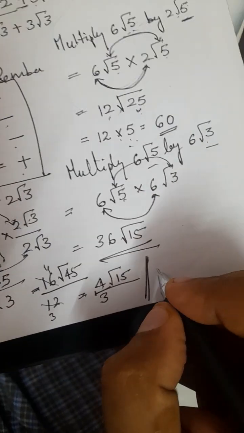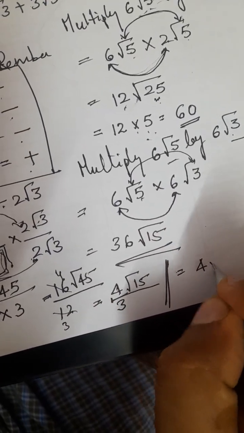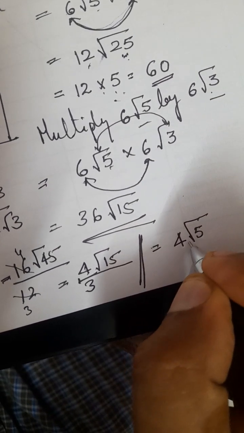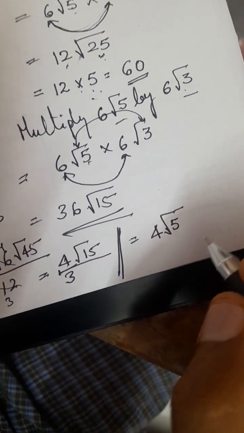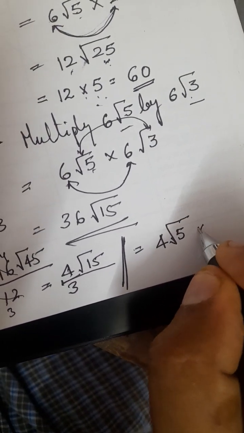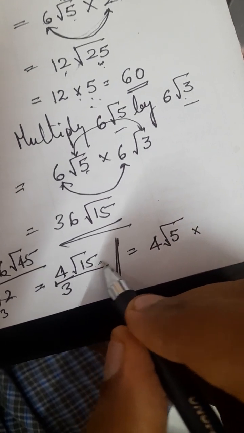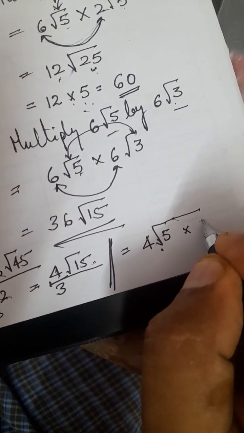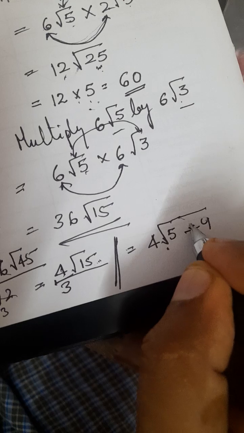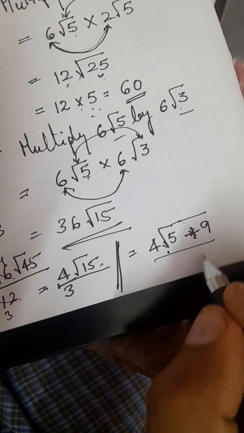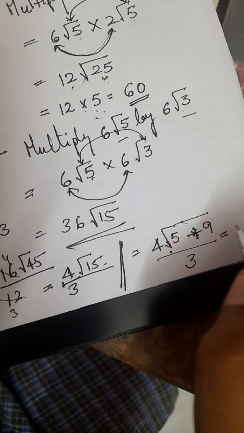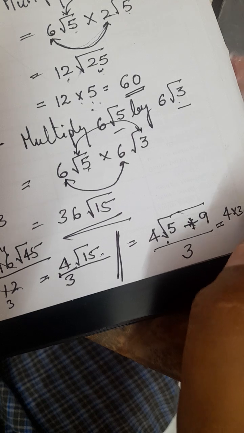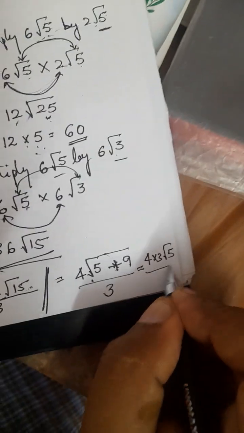If you want, you can further simplify root 45 as root 9 into 5. The square root of 9 is 3, so I bring it out: 4 into 3 root 5 divided by 3.